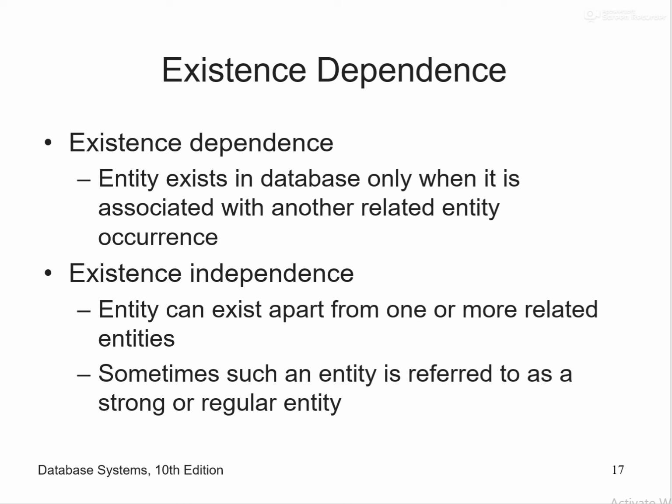Okay, so we call them strong or regular entities as well, the entity which can exist apart from one or more related entities. And an existence dependent entity is also called a weak entity. Like an existence independent entity is called a strong entity, but that entity which depends on another entity is called a weak entity.